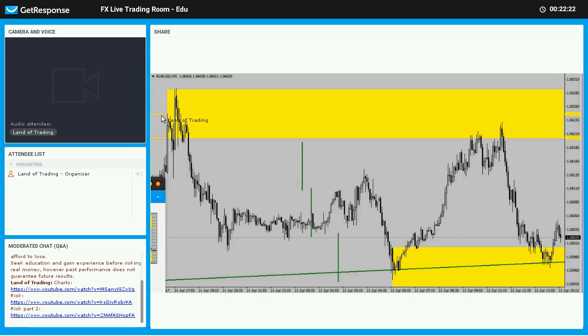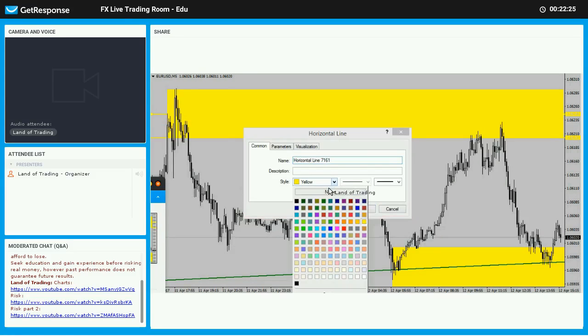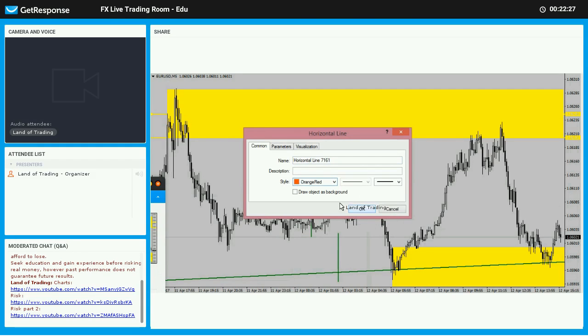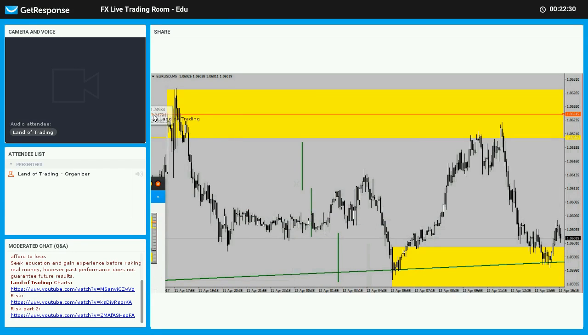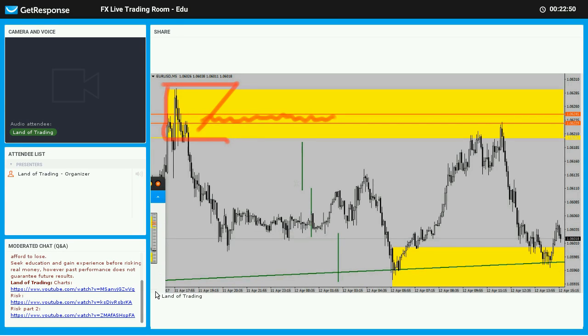So what I know is that here, and let me place that, that's not red, let's say that's orange, but what we know is that somewhere here within this 5-minute chart, within this 30-minute supply, I do have a chance to narrow my supply zone from the 30-minute chart.